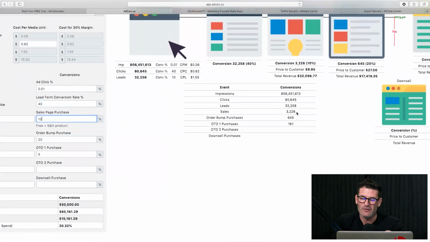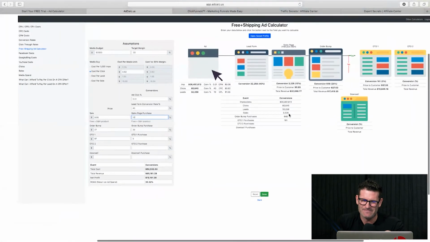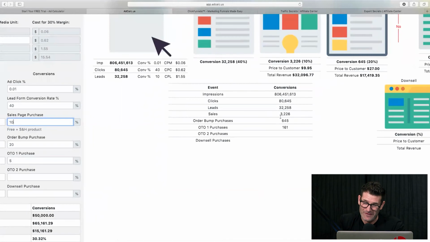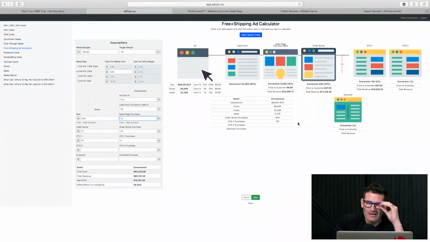So in that scenario, you're generating 3,226 sales. On the order bump that you didn't change on the 20%, now you're getting 645, and on your OTO, your one-time offer, you're getting 161. So it's a huge difference, guys. It changes the entire dynamic.